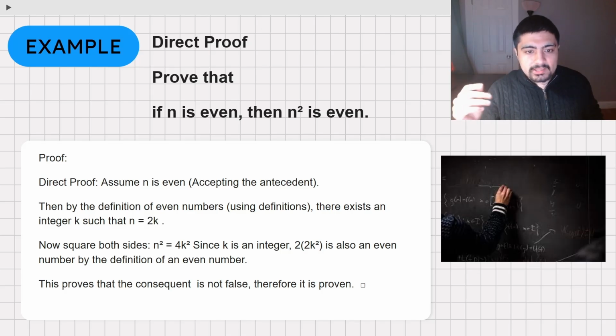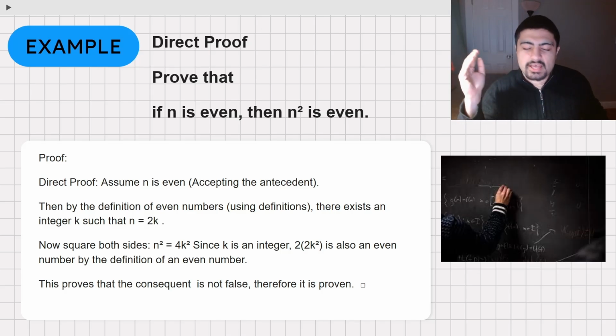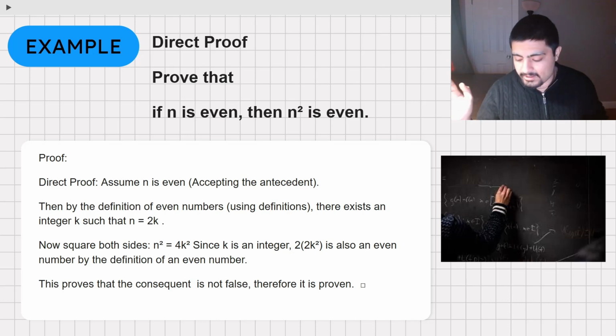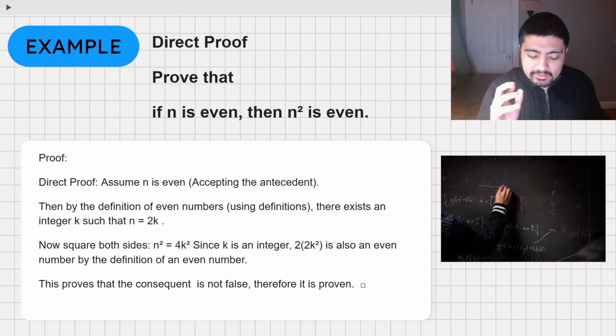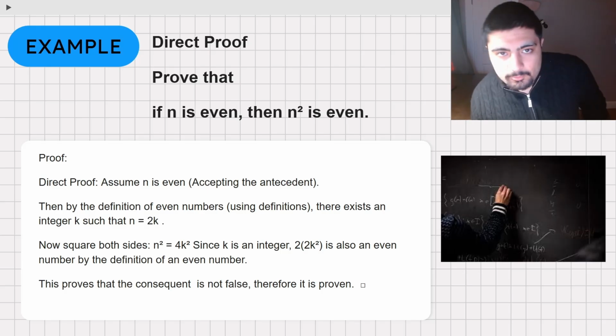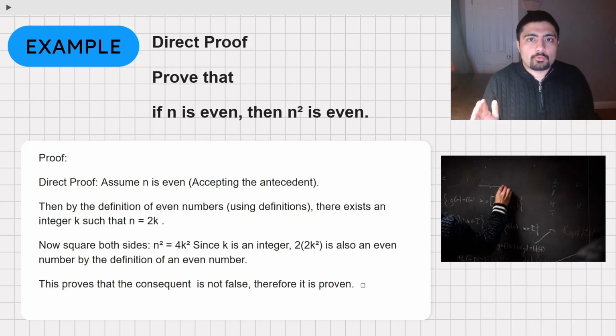Now, by the definition, because philosophy emphasizes definitions, in mathematics definitions are very important with proofs because we want to be exact with what we are trying to do here.